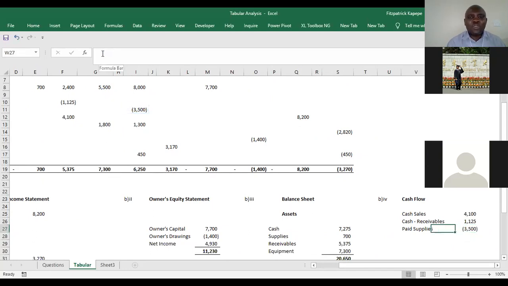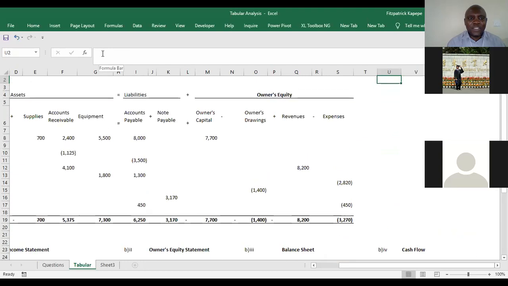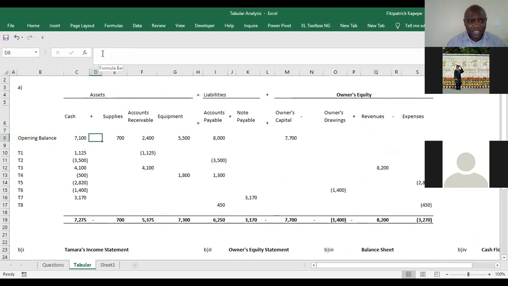It's a cash movement. So all you are doing from here, we are only interested in cash movements. Ignore this. This is what is going to reconcile, so that once you are done, it should give you that 72275. So you know that here there was no cash.